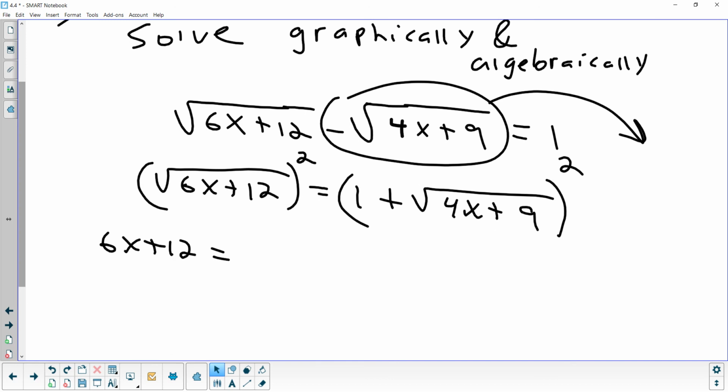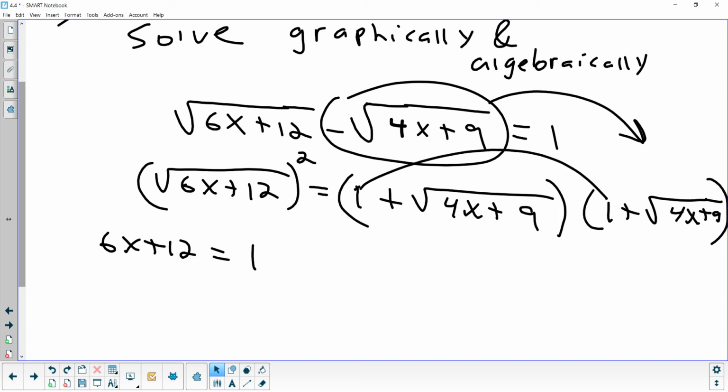That's done. The right is not as easy. You cannot just square each of those and say, oh, it's just 1 and then 4x plus 9, because when you square a square root, it cancels. What the right-hand side means is this. That's FOIL. You have to FOIL that out, and that's the right-hand side.